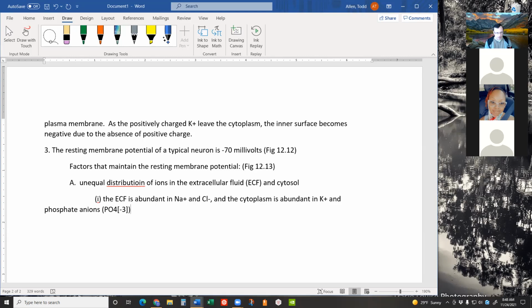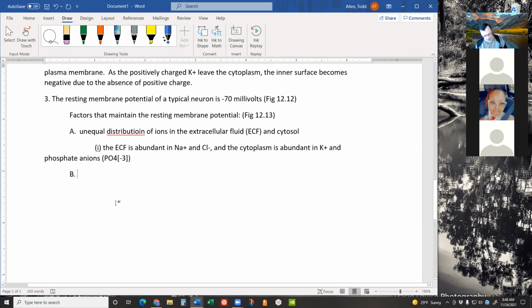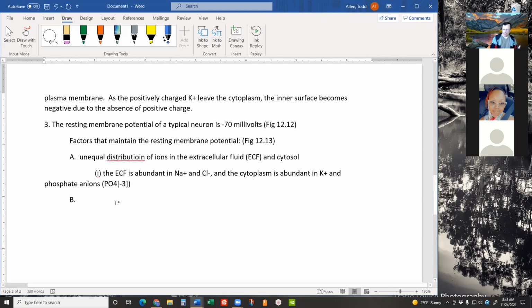Second factor that influences the resting membrane potential is the inability of these anions to actually leave the cell. These phosphate anions, these PO4 groups that have a -3 charge, well, there's 5 atoms there, right? 1 phosphate, 4 oxygen, PO4. So that forms a group or cluster of atoms that are simply too large to float through the plasma membrane.